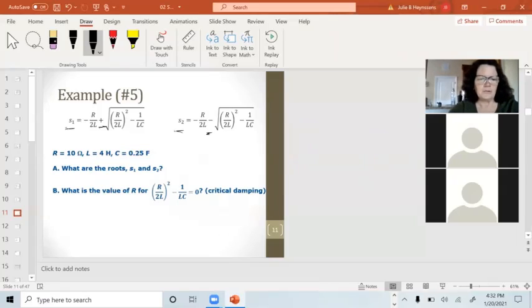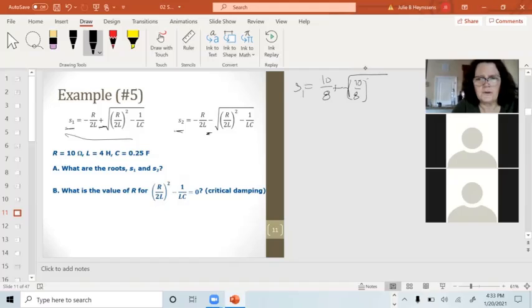So I've got numbers, and we want to find the roots. I'm just going to plug in R, L, and C. For S1, I'm plugging it into this formula. R is 10, 2L is 8, plus the square root of 10 over 8. 2L is still 8.